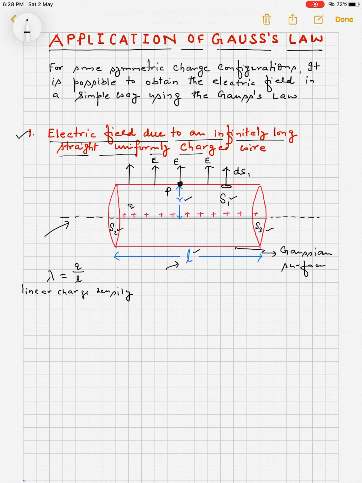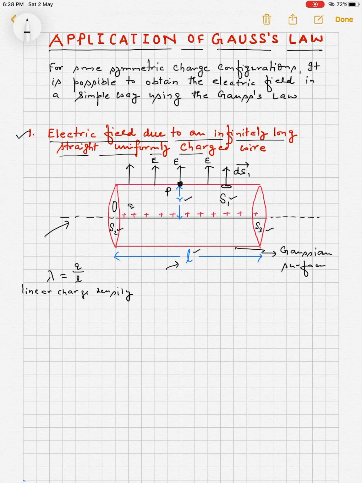The area vector is the outward drawn normal, so it will be ds1 vector, and the electric field is also parallel to this ds1. So the angle between E and ds1 is 0 degree. Now we consider the second surface, plane surface.